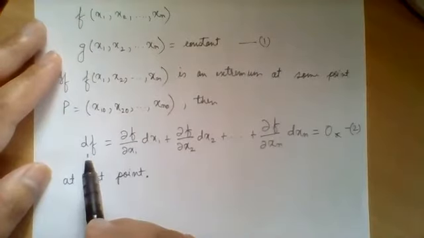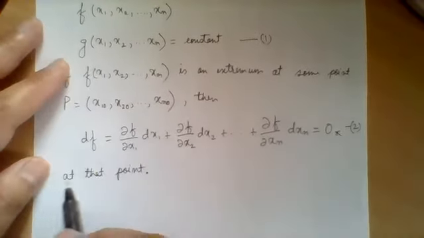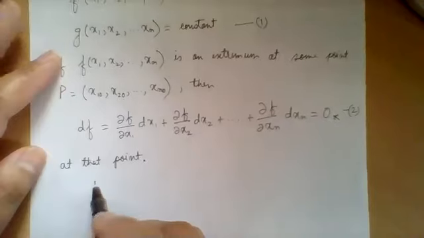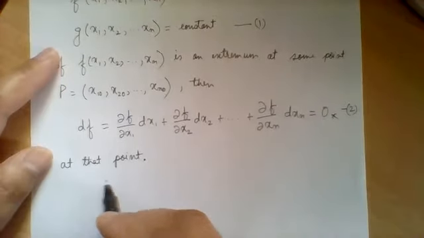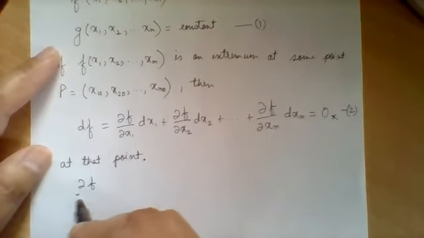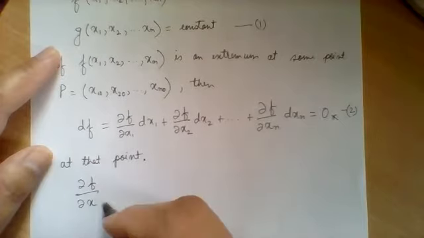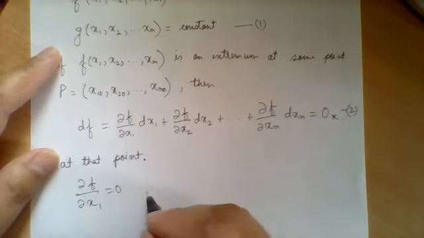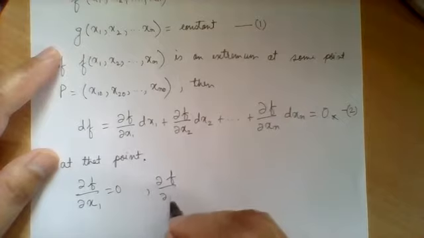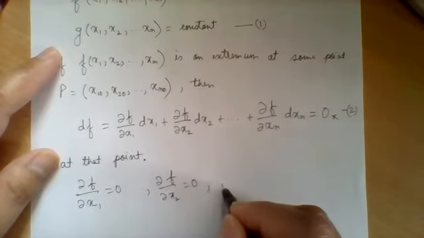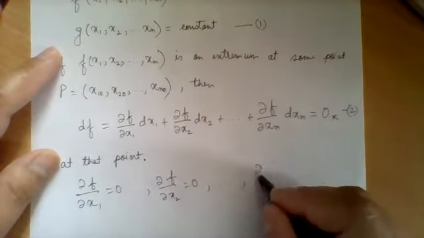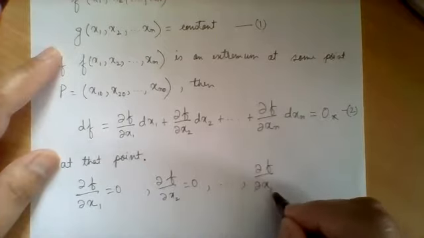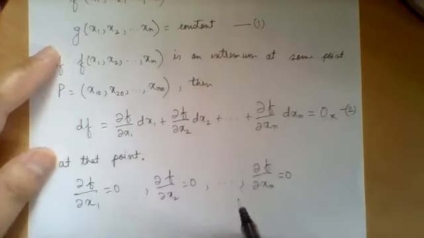This condition, the total differential equal to 0 at that point, would mean the conditions del f by del x1 equal to 0, del f by del x2 equal to 0, and so on, del f by del xn equal to 0.